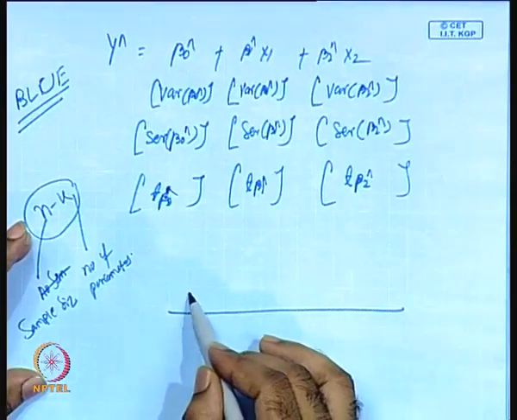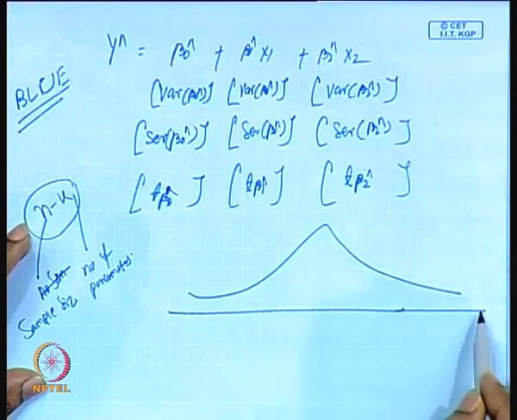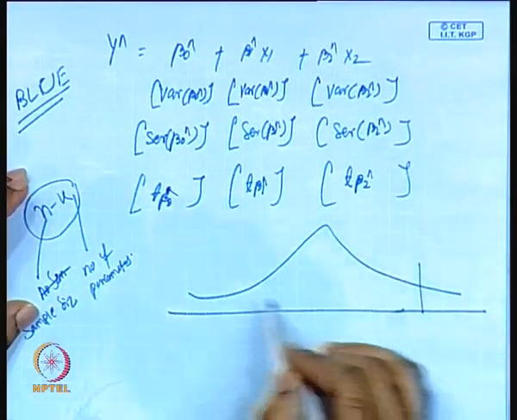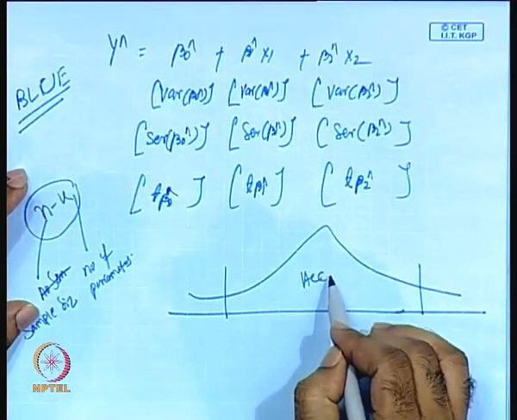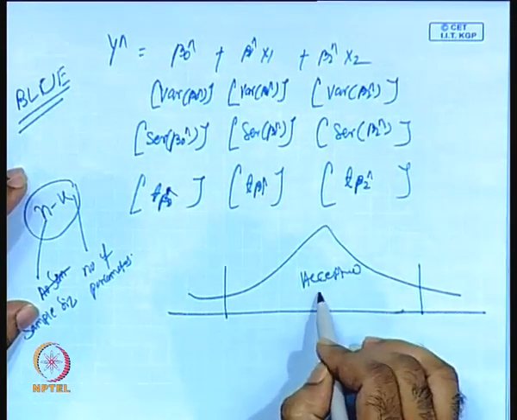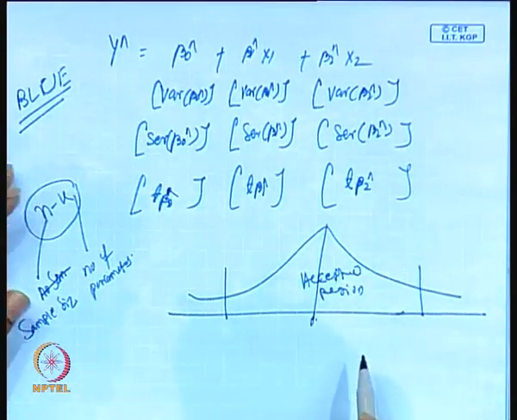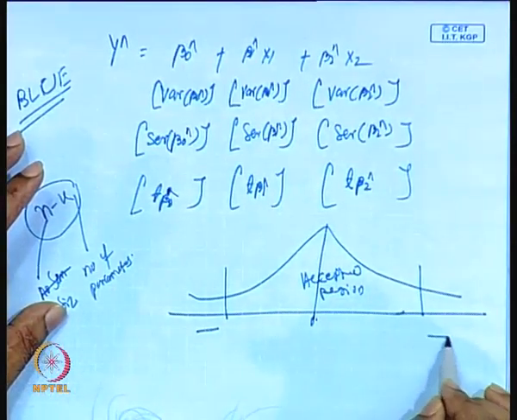Again, we have to go for a one tail test or two tail test, right tail test or left tail test. So let us assume that this is the critical region and this is the accepted region, and this is the origin. If you go by a two tail test, then this side is minus and this side is plus.